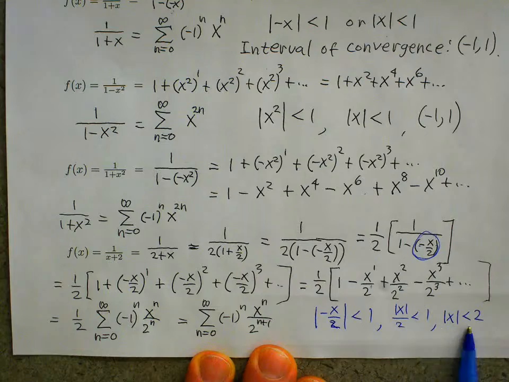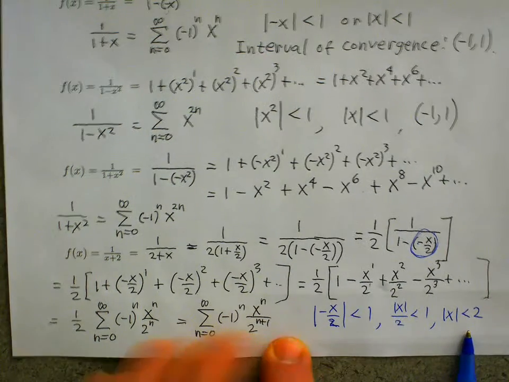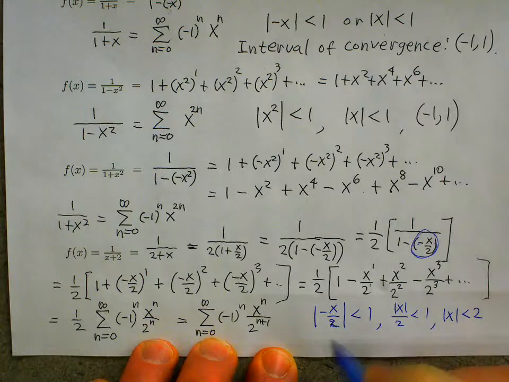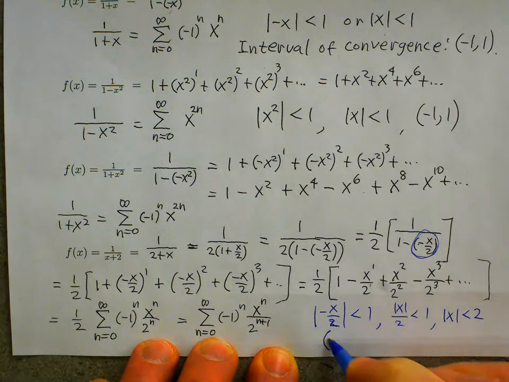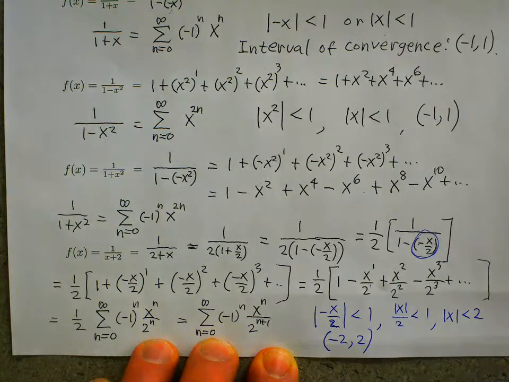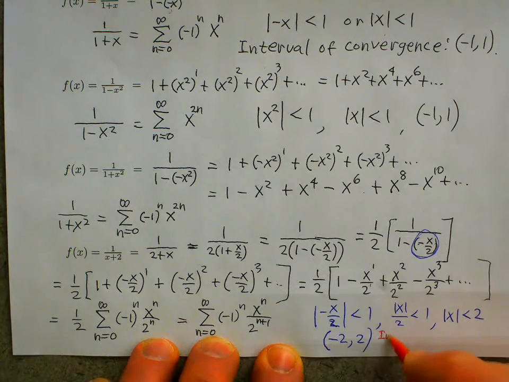So the radius of convergence is 2, and the interval of convergence will be the open interval from -2 to 2. So this is the interval of convergence.